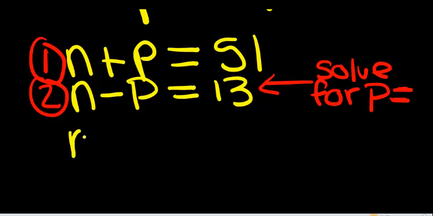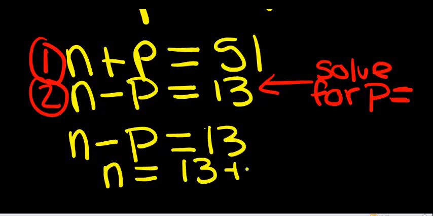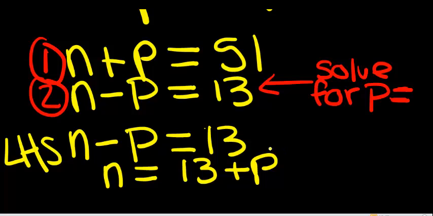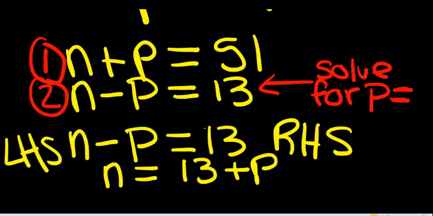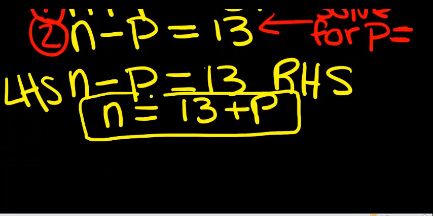Equation 2 says n minus p is equal to 13. So n is equal to 13 plus p. I'm moving that p from the left-hand side over to the right-hand side. Now I have n written in terms of p.